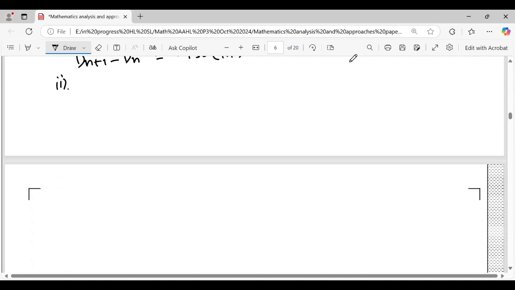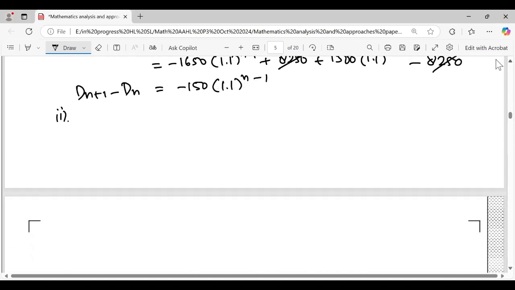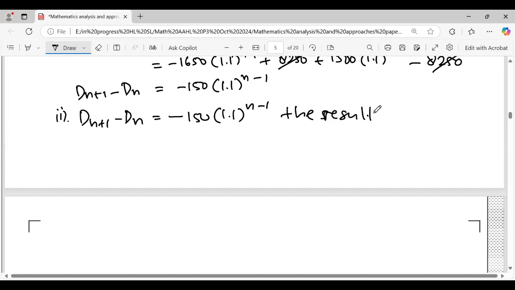If you look at the result, Tn plus 1 minus Tn is minus 150 times a positive power, so the result is always a negative number.